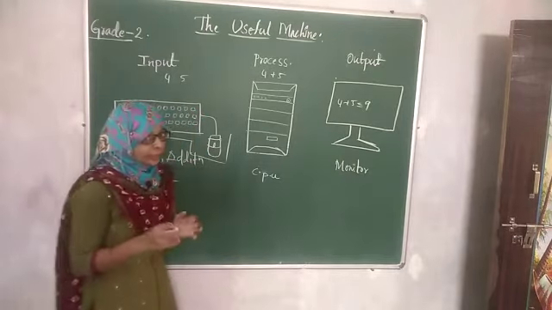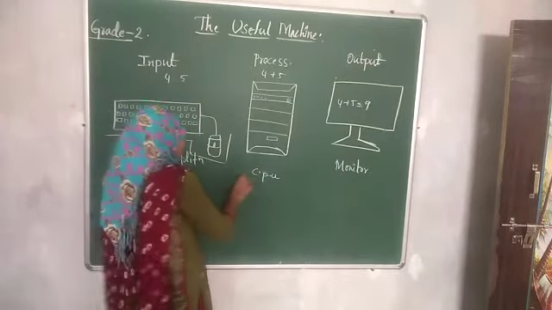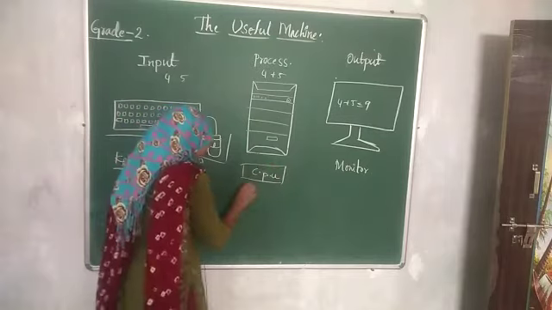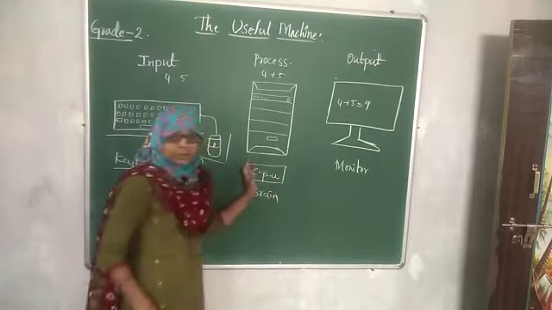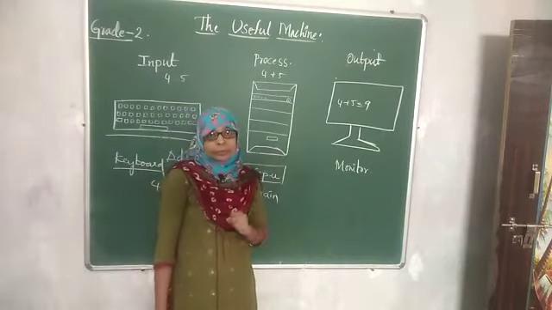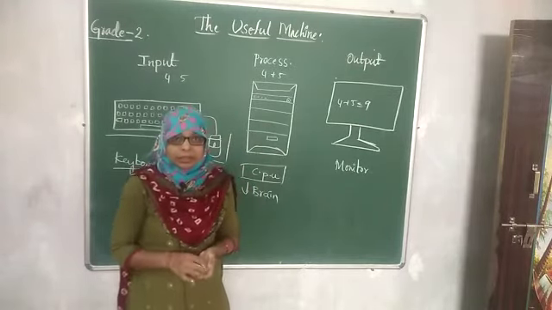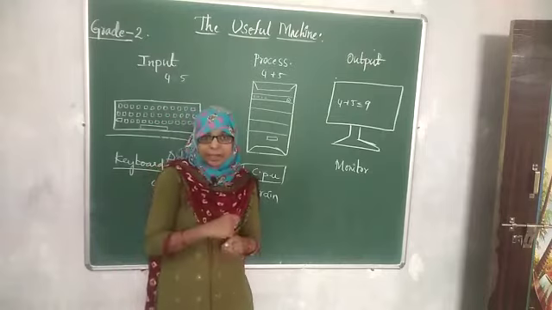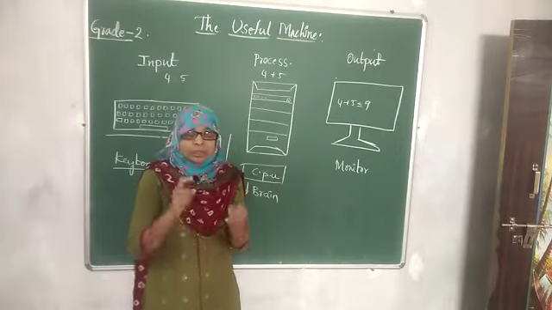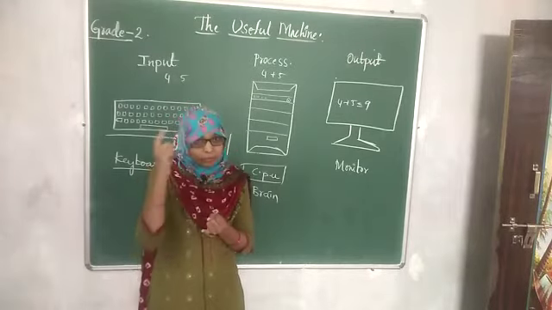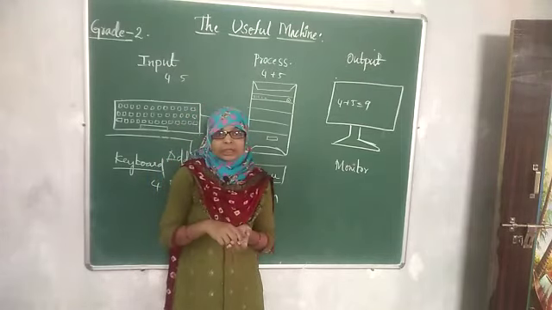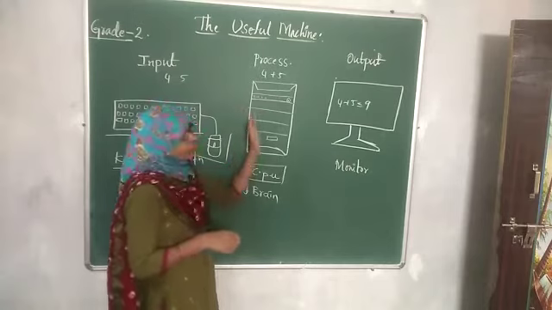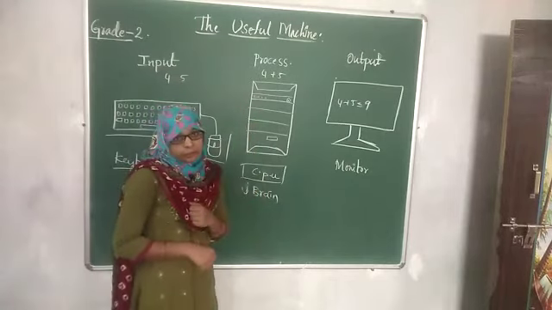Similarly, the CPU also acts as the brain of the computer. What is the CPU, children? The CPU is the brain of the computer. If I give you a simple task of addition, who is performing the work here? Our brain is doing the work, so the CPU is also the brain of the computer.